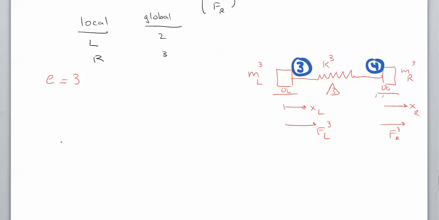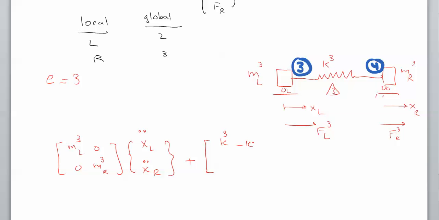So here's the situation. The equation of motion is ml, mr, 0, 0, but coming from element number 3. Remember, this is not cubing ml. It says that it's the left mass from element 3 times the acceleration vector, always xl, always xr, double dot, plus the stiffness, K3, minus K3.